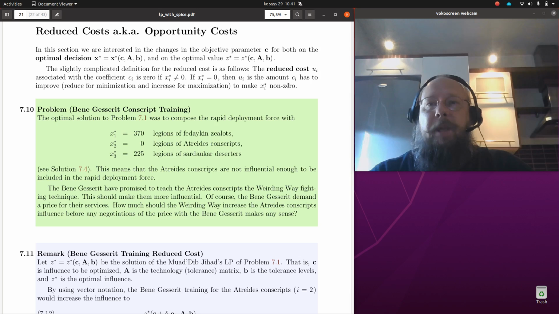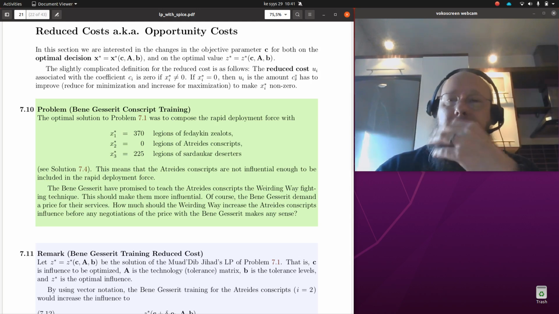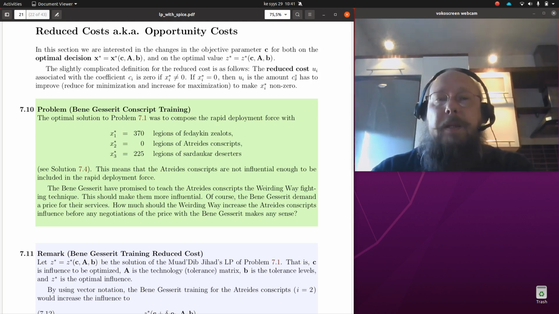So what do we mean by improve? Well, if this is a minimization problem, and now I'm talking about minimization for a short while, since usually I assume maximization, then c_i is the cost of doing x_i amounts of these decisions.